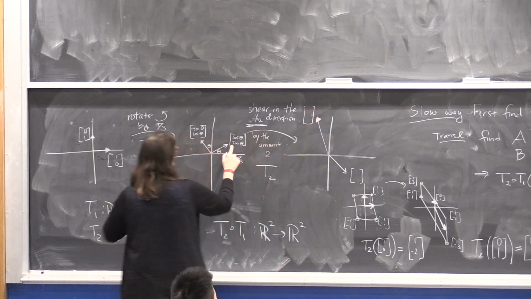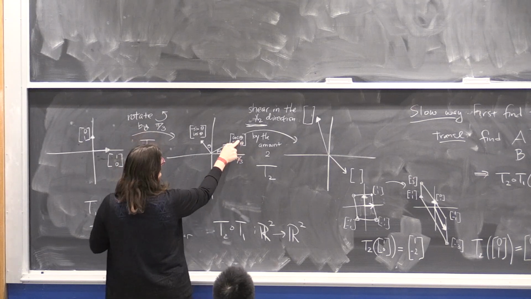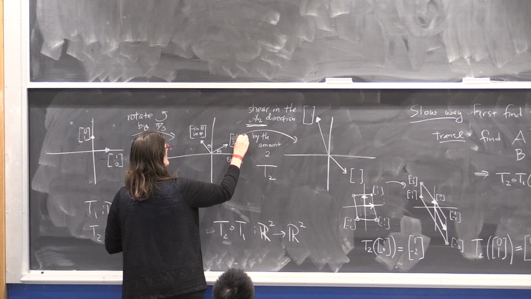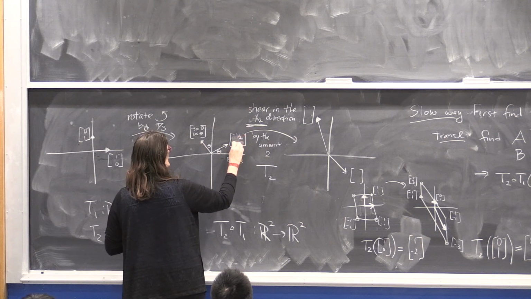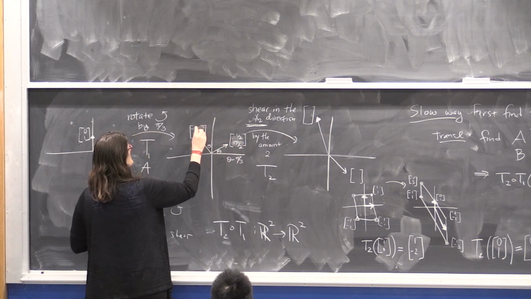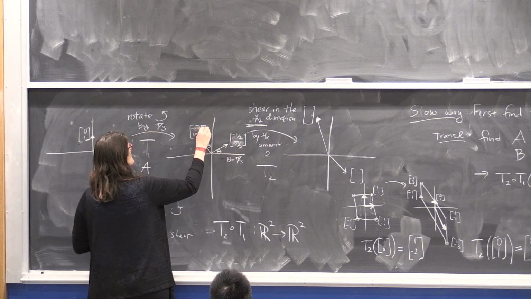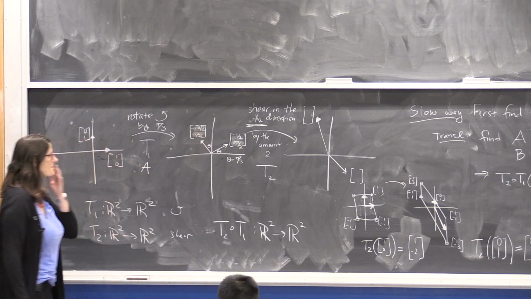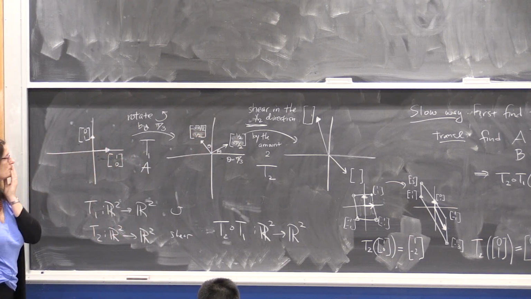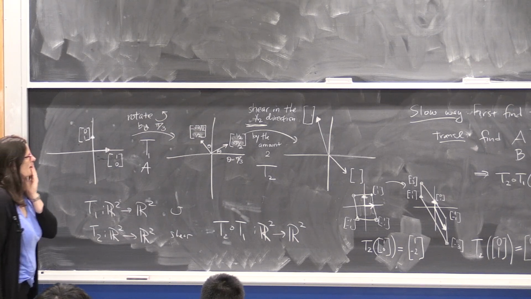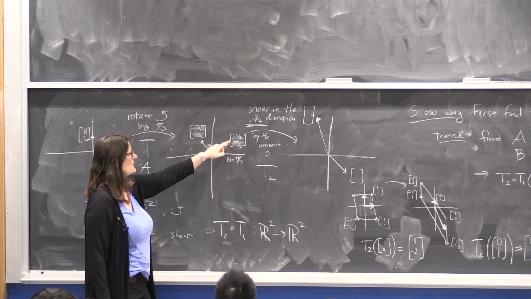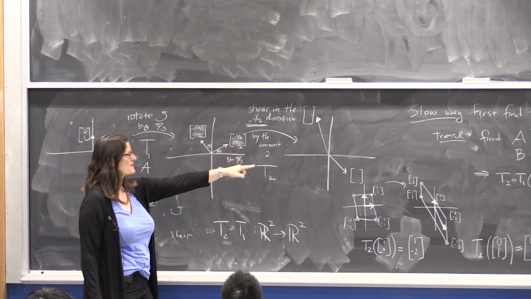I'm going to give them their coordinates. So cosine of pi over 3 was 1/2, and sine of pi over 3 was root 3 over 2. Minus sine, this is minus root 3 over 2. And that's 1/2. Okay, for sure, when you shear this vector downward, what is the first coordinate going to be in the resulting vector?